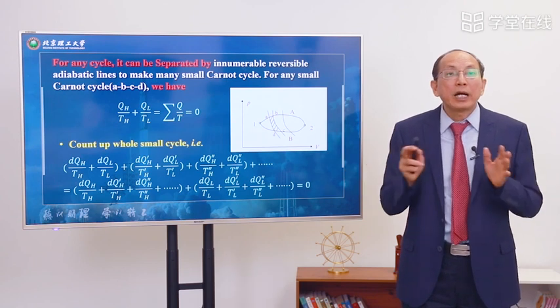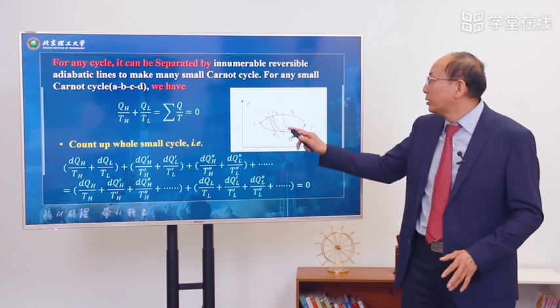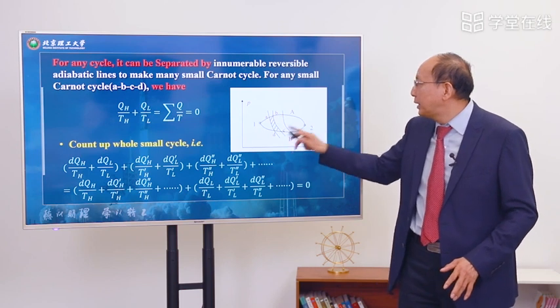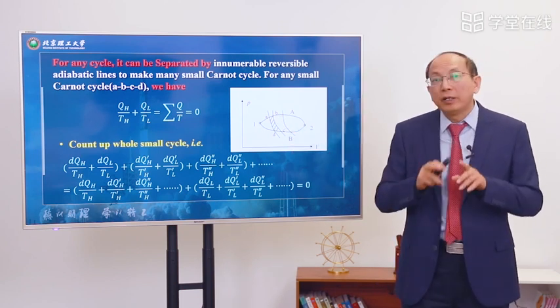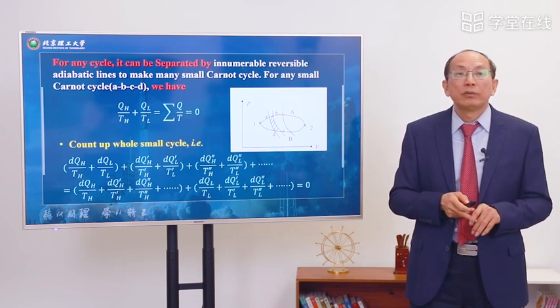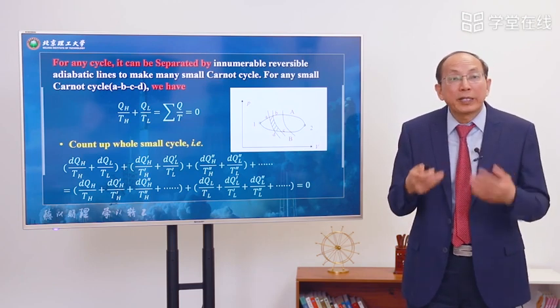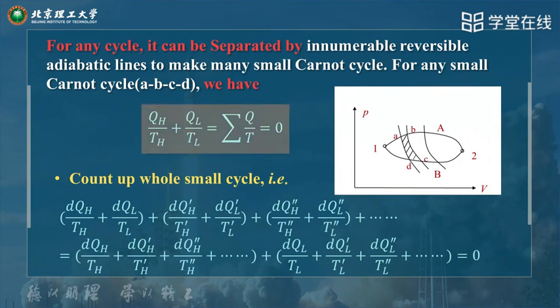For any small Carnot cycle, for example, small a, b, c, d, a, we can obtain an equation like this: QH over TH plus QL over TL equals the sum of Q over T equals 0. Because this small Carnot cycle is reversible, it is very easy to obtain this equation from the Carnot theorem.